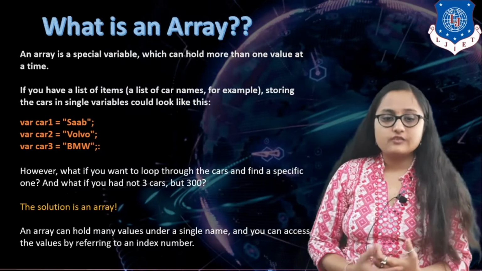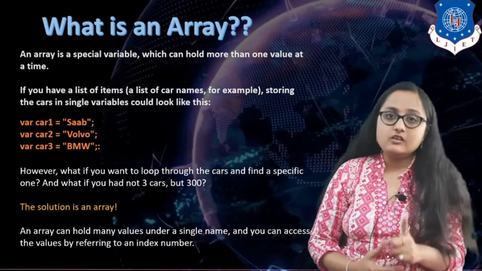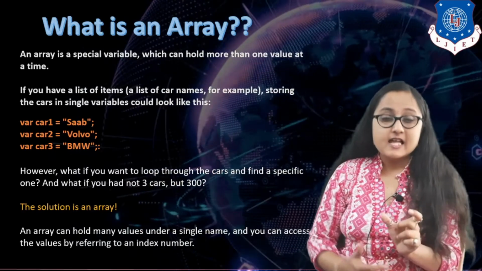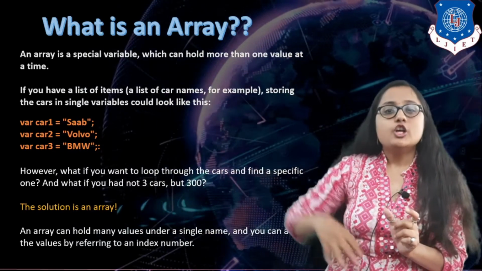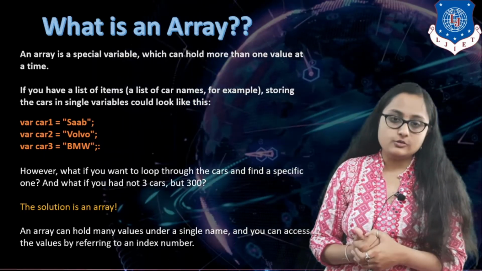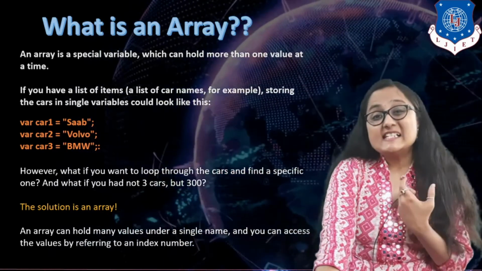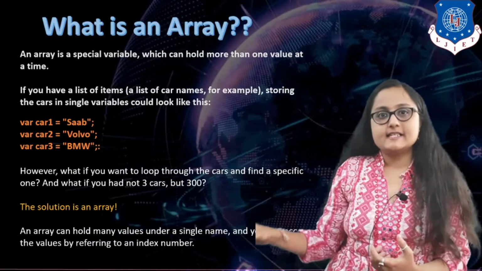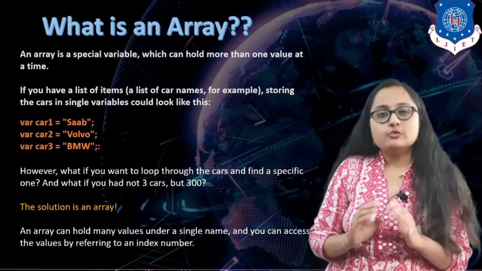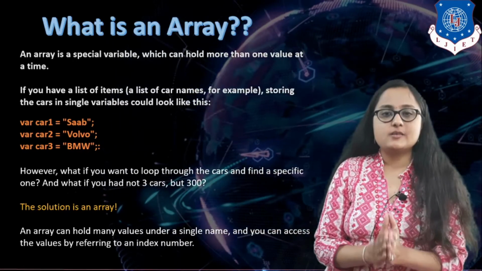Instead of that, the solution is an array, in which you can have a single variable name, that is cars, and inside this variable you can declare as many car values as possible, right? If you want to access any particular car, you know that an array starts its index number from 0.